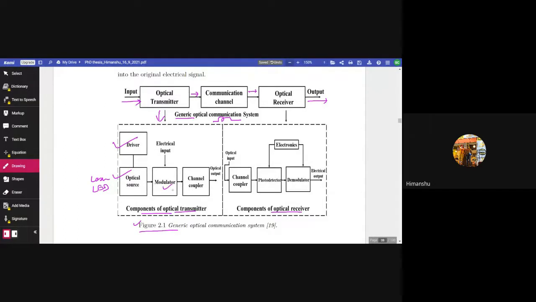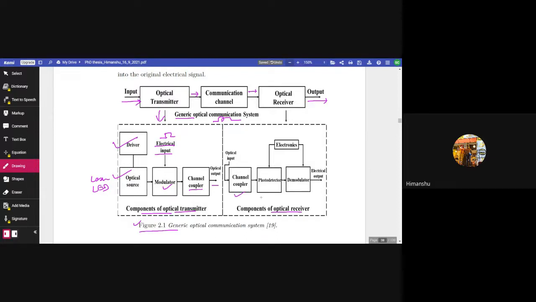In the modulator section, with the help of electrical input, the signal is given to the channel coupler, and then the channel coupler provides the information to the communication channel. After that, at the receiver end, we can see another channel coupler. That channel coupler gives the signal to the photodetectors.